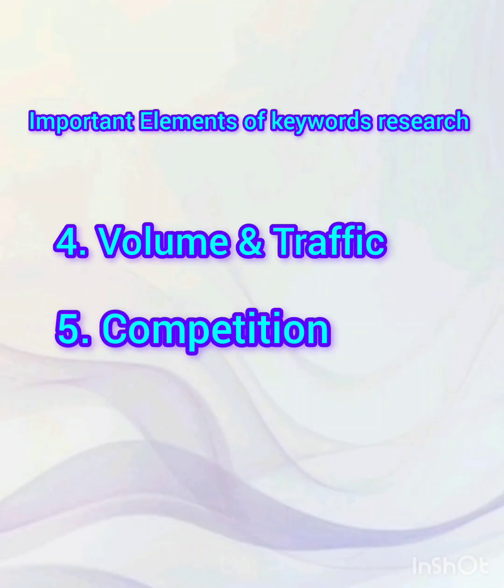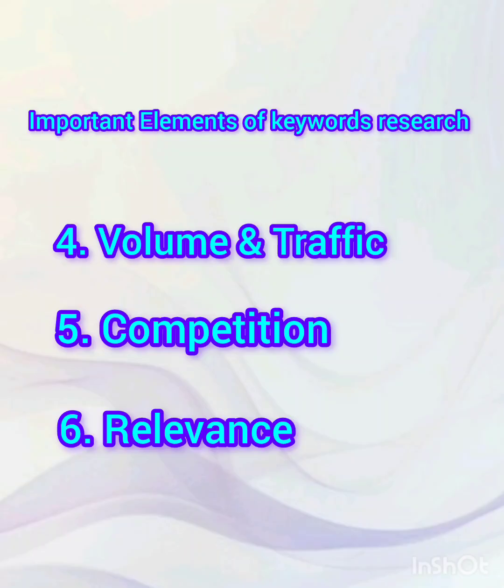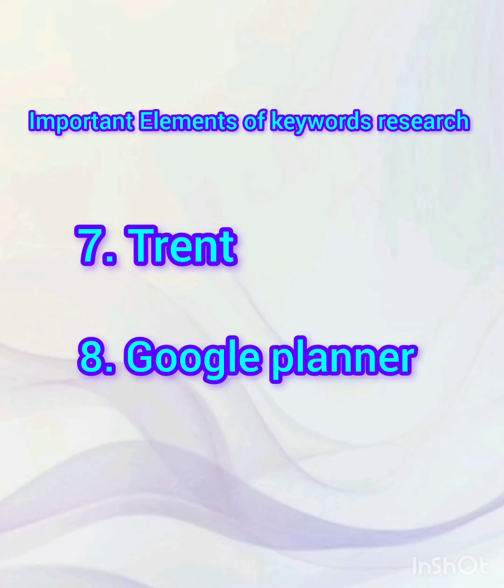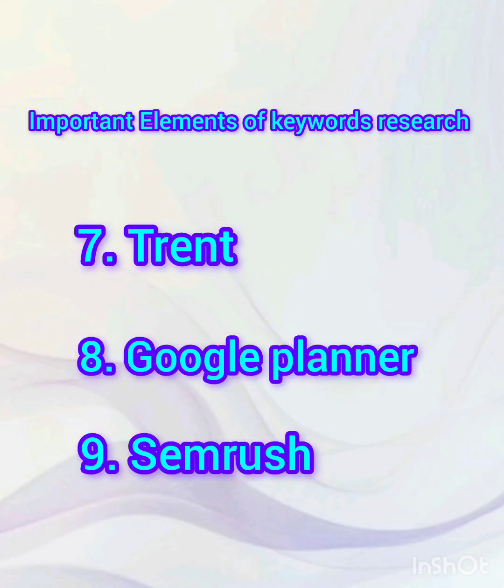Choose low competition keywords, and the most important thing is to check the relevancy. That is the most important thing, and the trend as well. You can use Google Keyword Planner or SEMrush or other tools to find suitable keywords for your business.